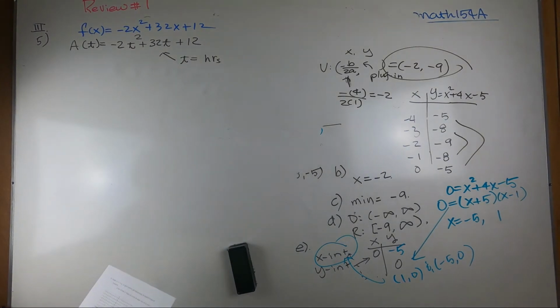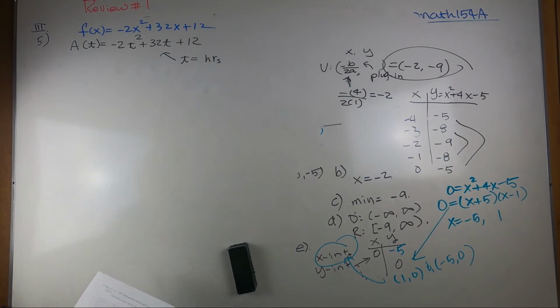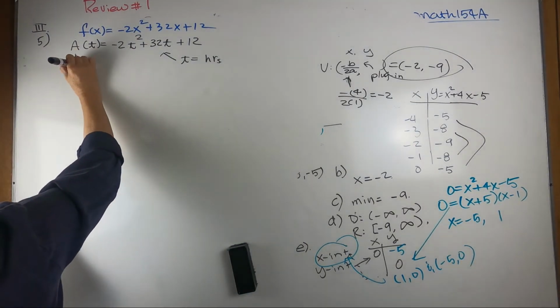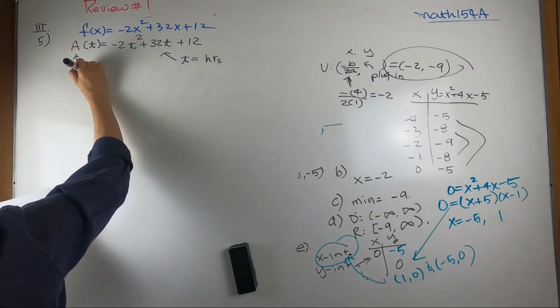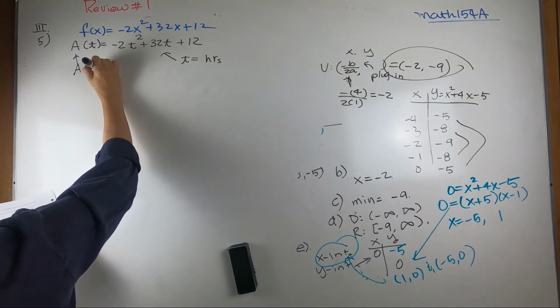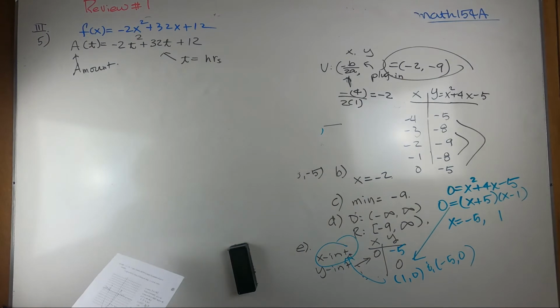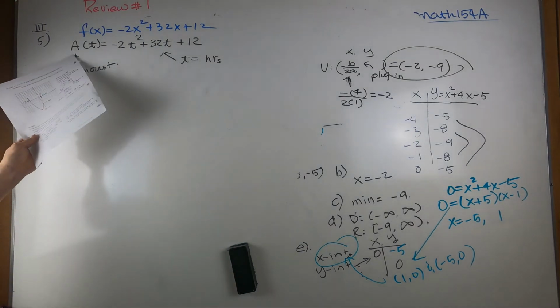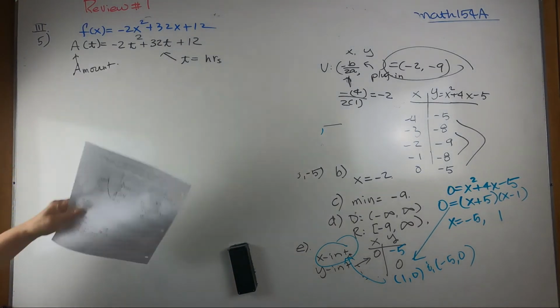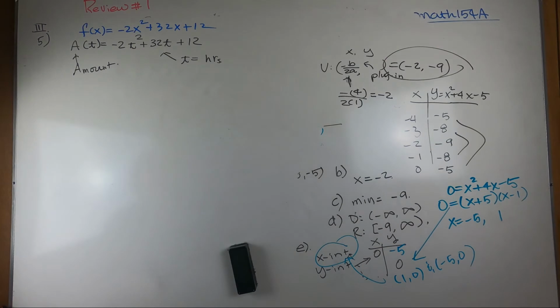What is A? A is amount, right? Amount of the nitrogen dioxide. So we want to find out its level. For the A, do you have a maximum or minimum?